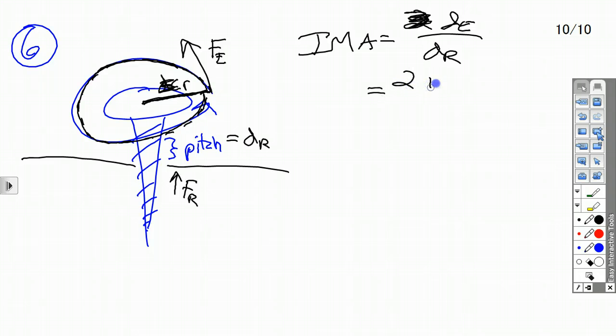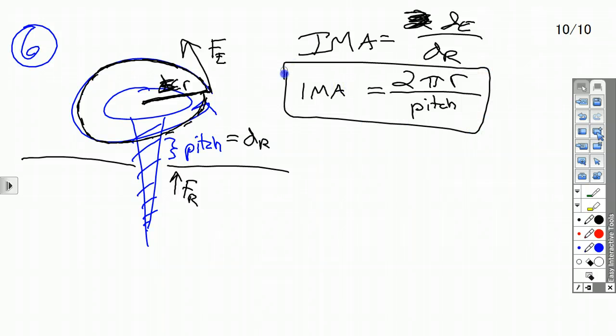Now you're turning one complete turn, you're going one complete rotation, one circumference, or 2 pi r, or pi d, whatever you know. Since we're usually dealing with a width of a screwdriver or the length of a wrench, that type of thing, radius is usually easier to use, but it depends on the problem. But it's circumference over how far it would go down in that time, and how far it would go down is the pitch, is the distance between threads. So that's your ideal mechanical advantage for a screw.